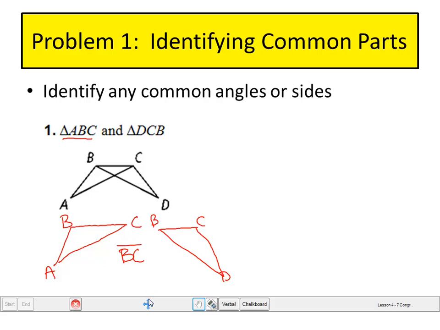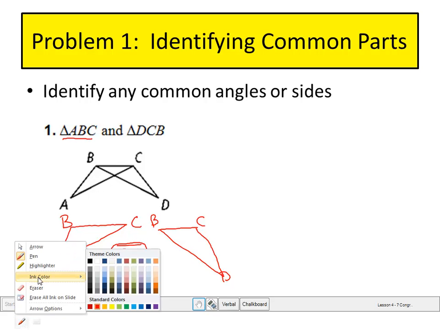Do they have any common angles? DCB and ABC, are they the same angle? The only side they have in common is BC. I don't know if highlighting it would help.